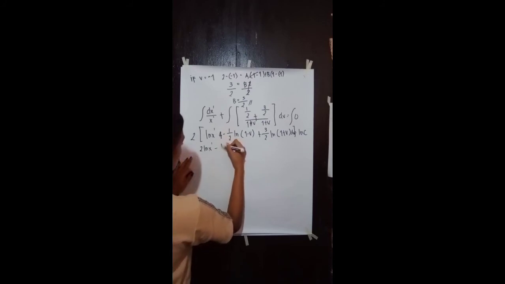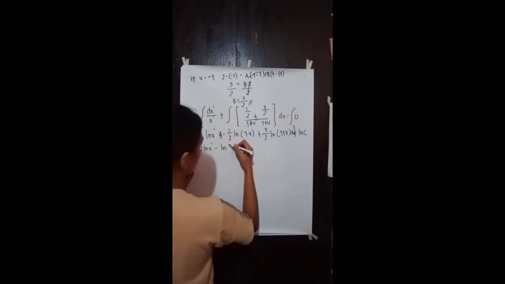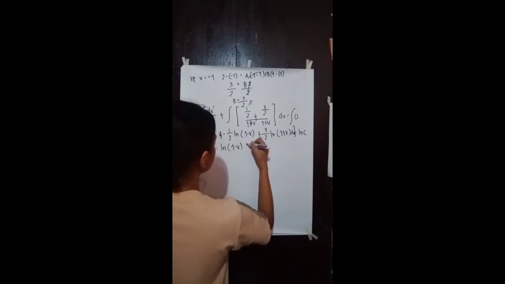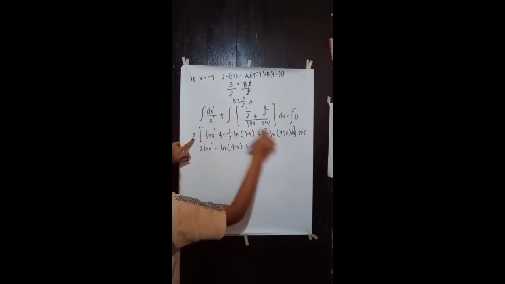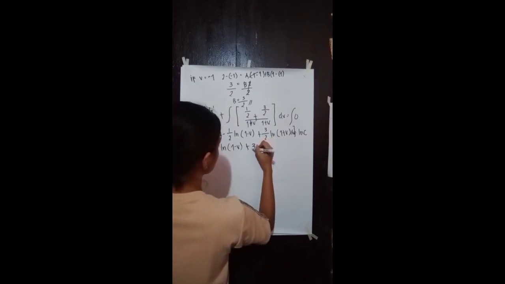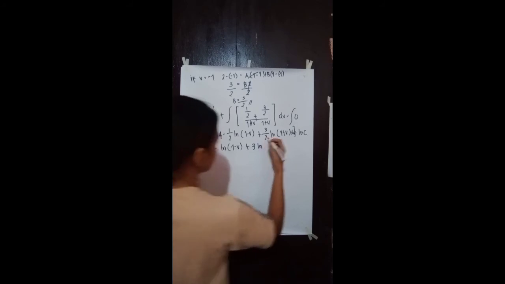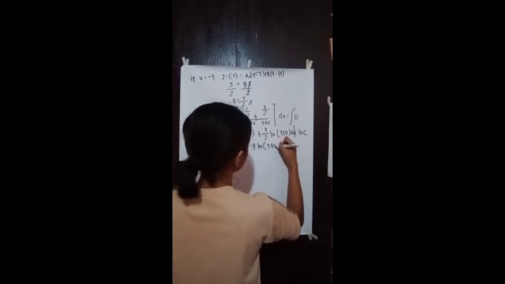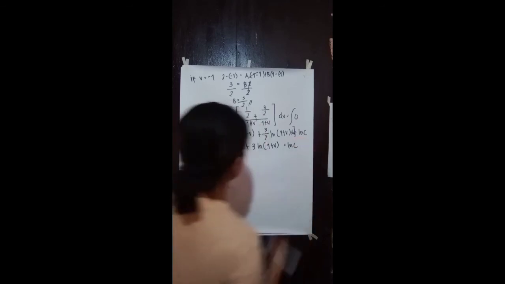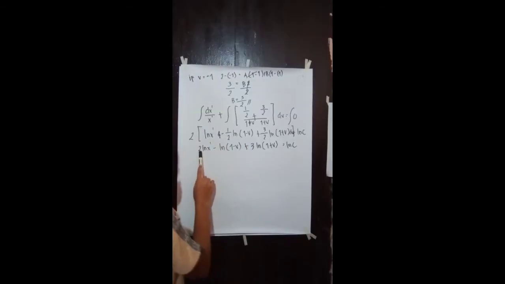It's obvious na 1 na lang siya. So, ln na lang siya. 1 minus b plus 2 times 3 is 6 over 2 is 3 ln 1 plus b, ln c.